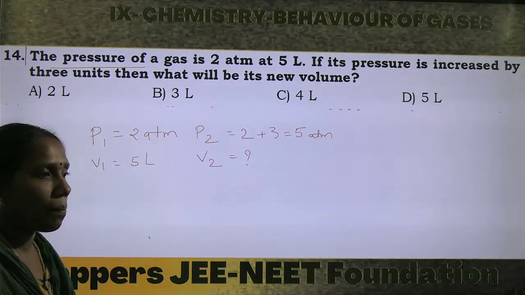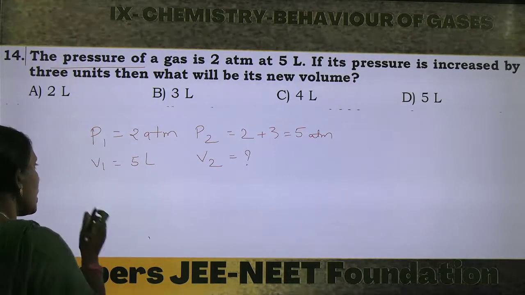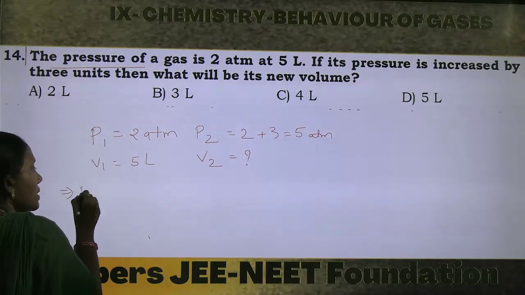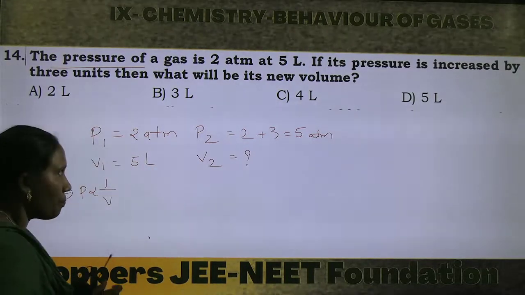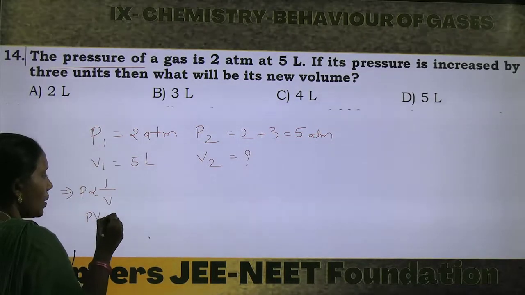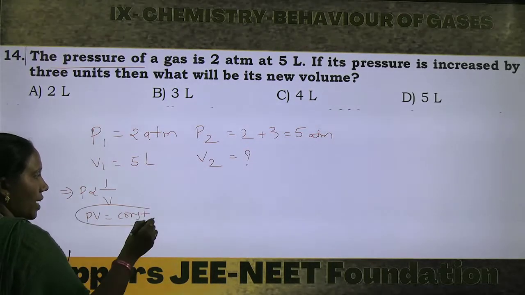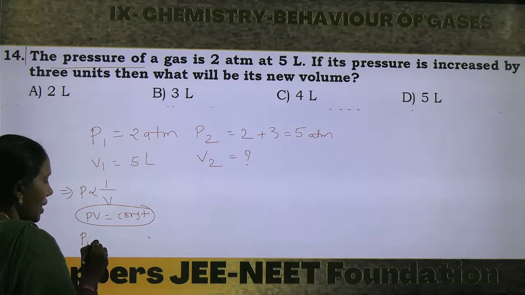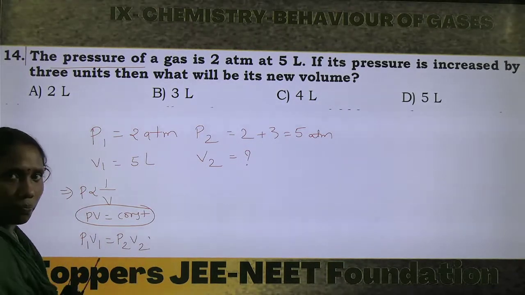What is the relation between pressure and volume? It is Boyle's law. Pressure is inversely proportional to volume, which means PV equals constant. If you take two different gases, we can write this as P1 V1 equals P2 V2.